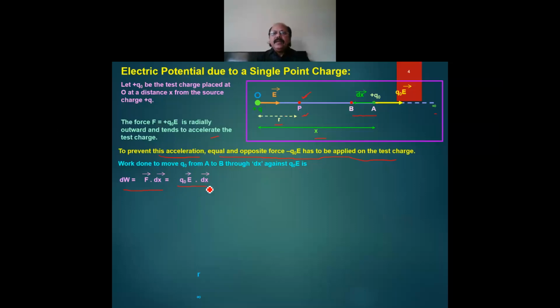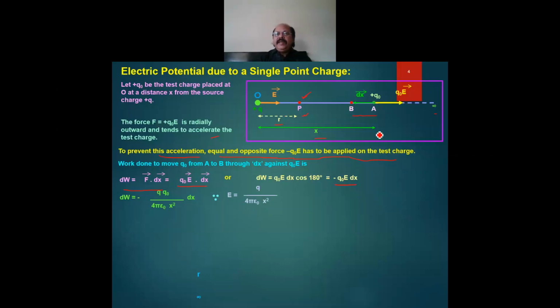Since the test charge is moving against the electrostatic force, the angle between them is 180 degrees. So now open this dot product, then you will get q naught E dx cos 180. Cos 180 is minus 1, so it becomes minus q naught E dx. So this is the small amount of work done for moving the test charge from point A to the point B.